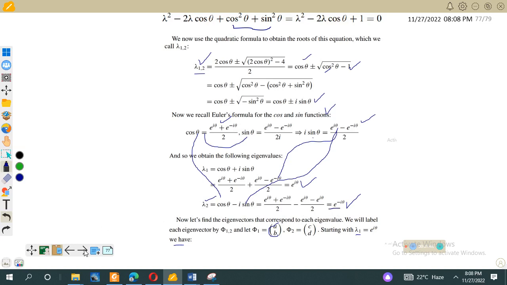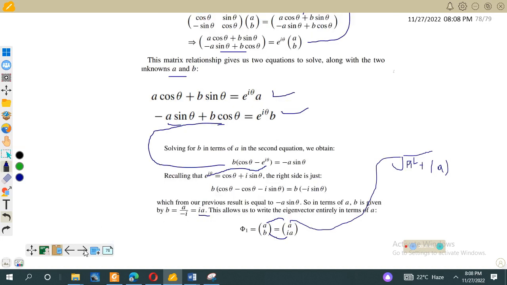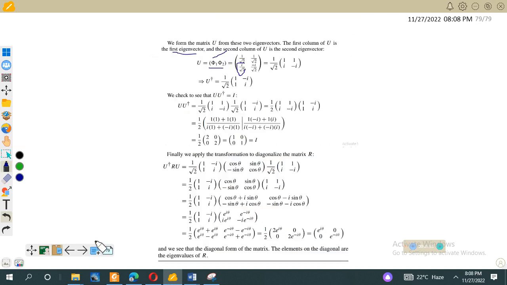This will also give the values of c and d. So we can form its equation U is equal to phi 1 and phi 2. The first normalized eigenvector is this, and the second normalized eigenvector is this. Similarly, for the phi 2 vector, we can find its normalized eigenvectors.